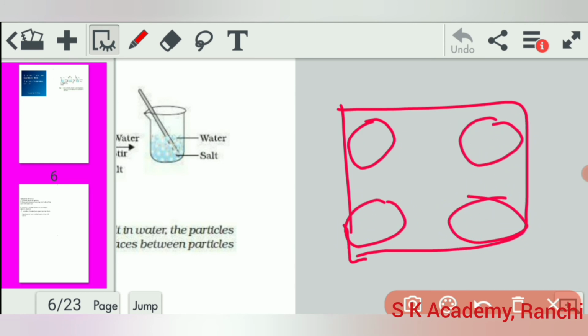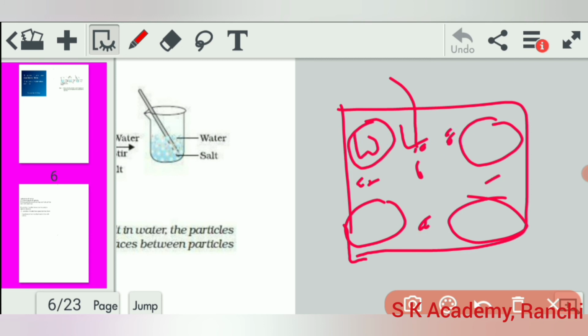There is a space between water particles, and when we dissolve salt or mix salt into water, first the salt particles get divided into finer and finer size. And these finer sized salt particles occupy the spaces available between two particles of water.